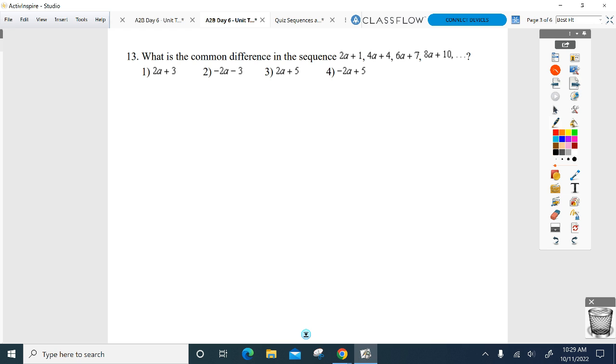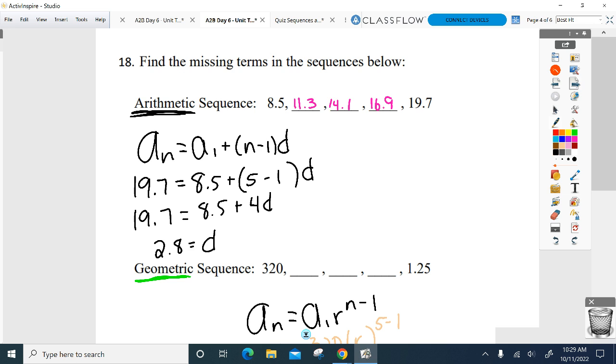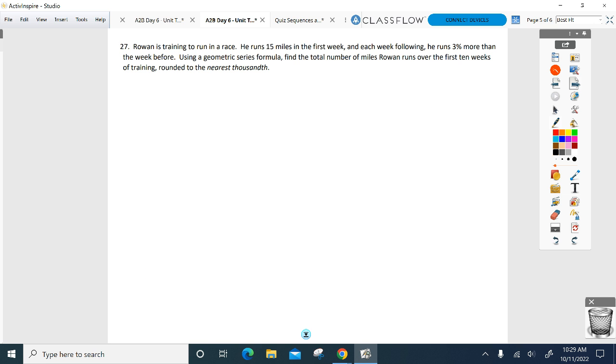Yep, 11, 12, 13. All right, we already did 18, which is, you're going to see another one of these tomorrow on the quiz. So if you want to star that one too, I know we just did it, but yep, 18, similar tomorrow. Then go over to 27, the last question.